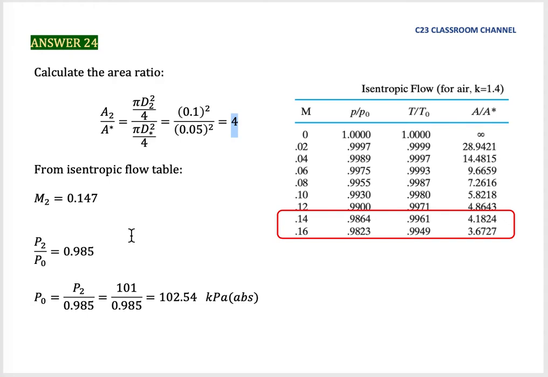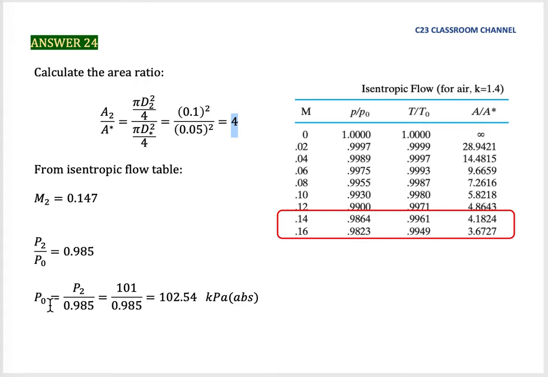0.147. We also could calculate the ratio of P2 over P0. P2 means pressure at exit over P0, stagnation pressure. We don't have exact number here. Again, we must do the interpolation calculation here. So we could get 0.985.